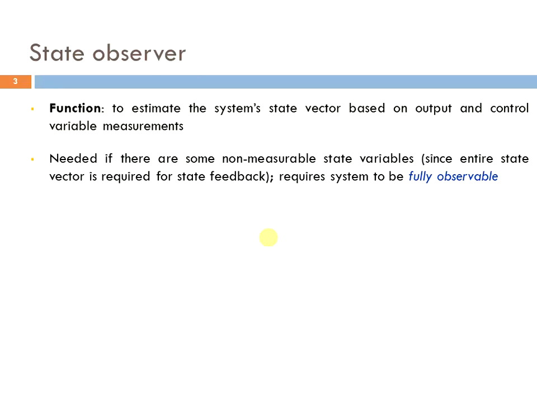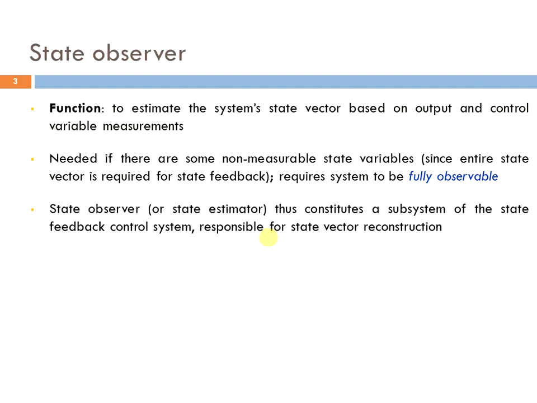Of course, this requires that the system have the property of full observability, and we have looked at how to check whether a system is fully observable in a previous lecture. So if a system is fully observable, then we are able to use the state observer to reconstruct the state vector, which can then be used in the state feedback control topology.